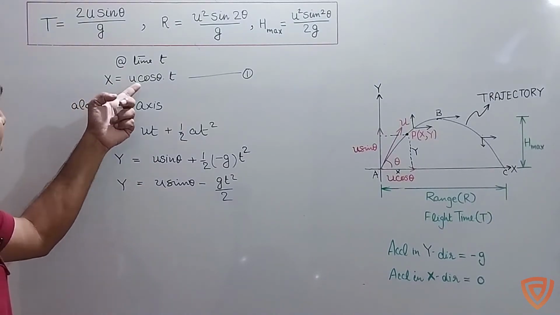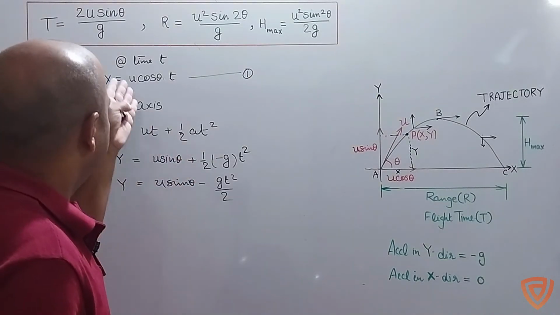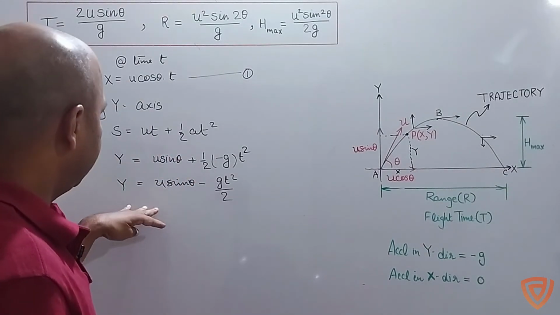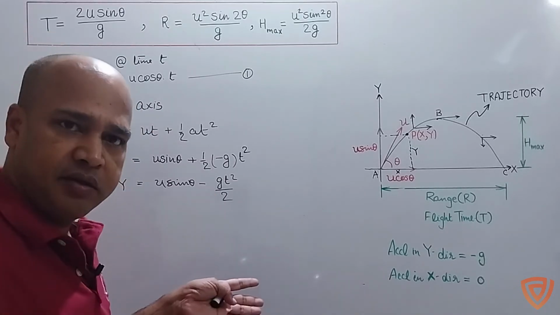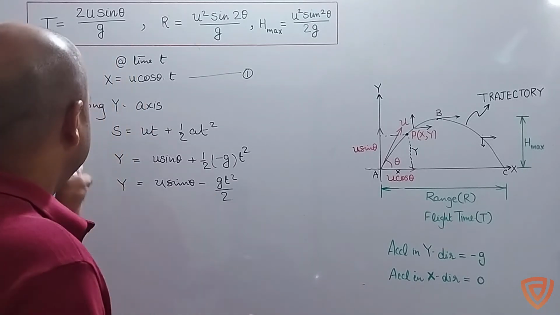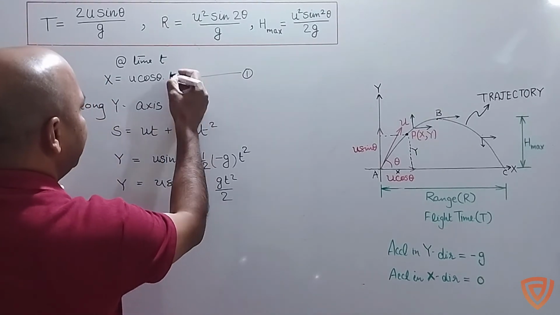Now you look at x and y. As I told you in the beginning, we have to find the final trajectory equation in terms of x and y. How do we do that? We have to eliminate this variable t.